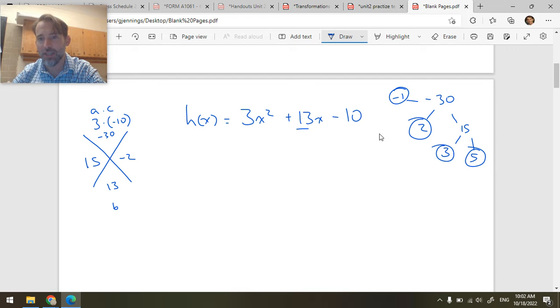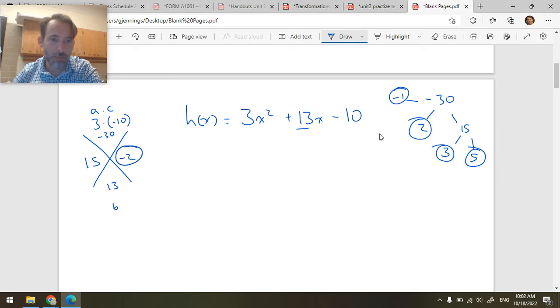Maybe you check 6 and negative 5, and that adds to 1, and that's not 13. You want a bigger difference. So then you might check 10 and negative 3, and that would be, sorry, positive 7. You still want a bigger difference, so then you check 15 and negative 2, and you'd get it. Okay, so you just look at all the possibilities of multiplying those numbers together to make negative 30.